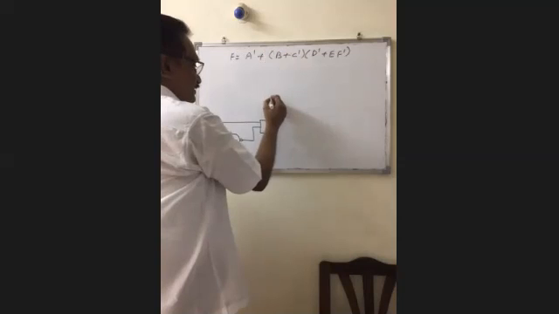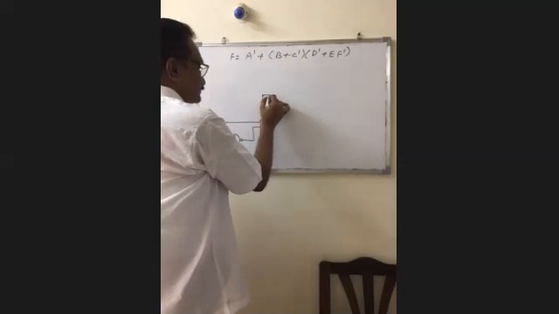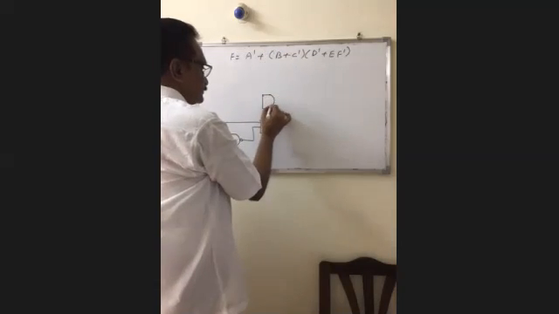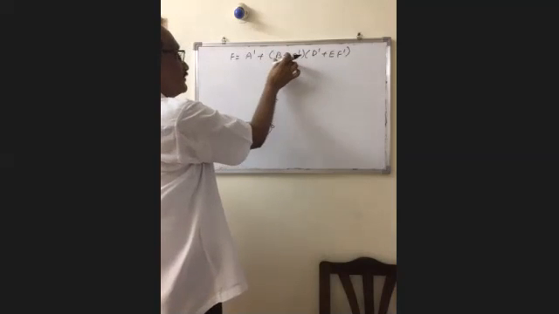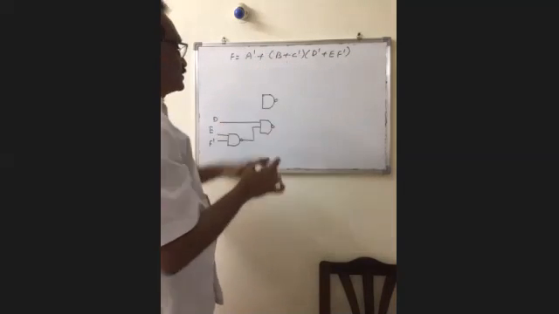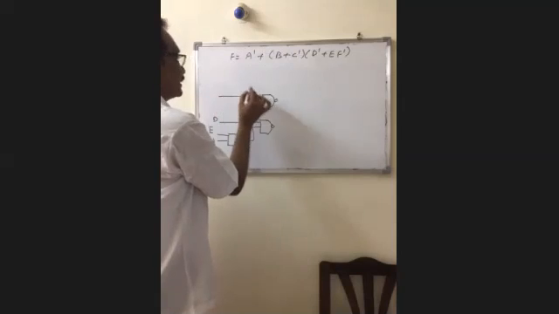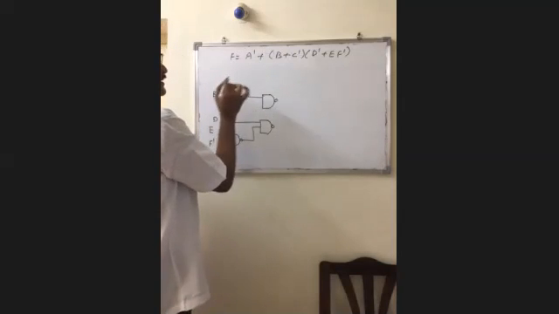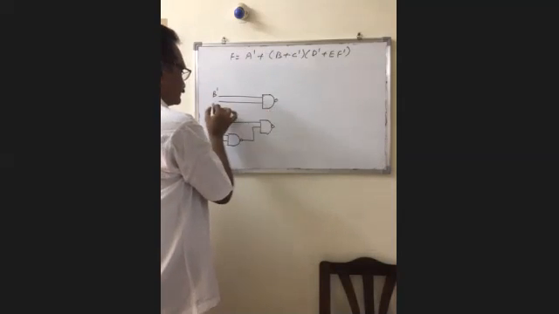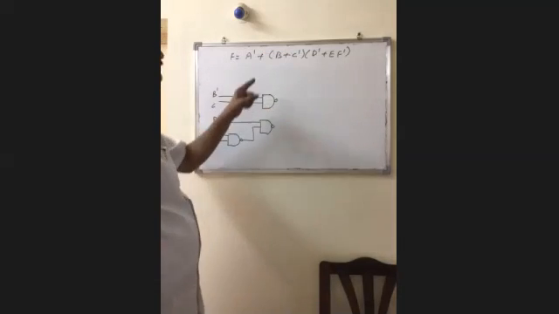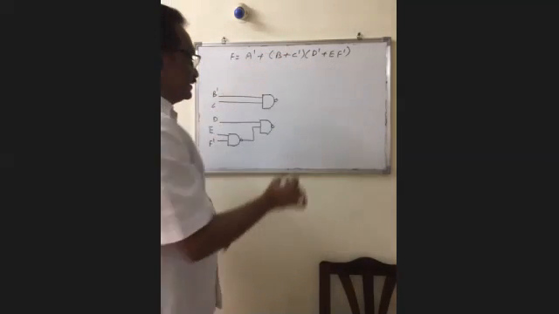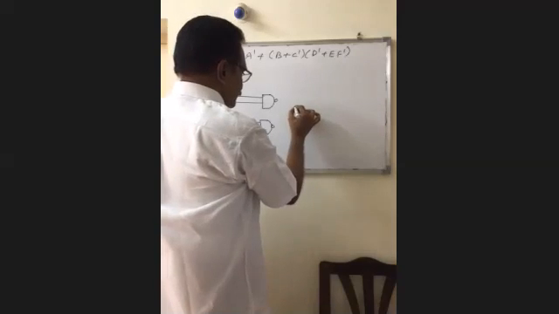For that NAND gate, you have to connect the complement of the variables, so connect here B dash and here C. For this product, connect one more NAND gate here.